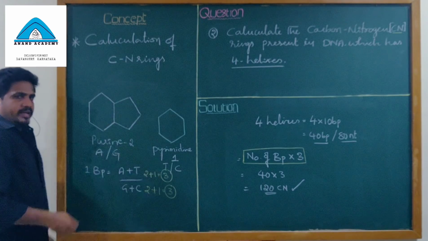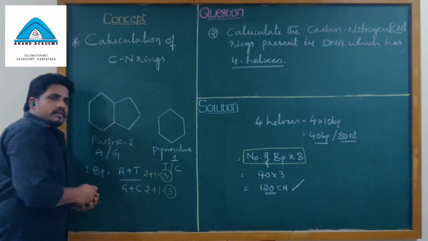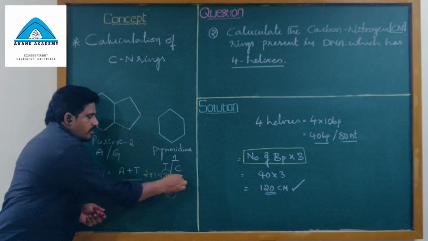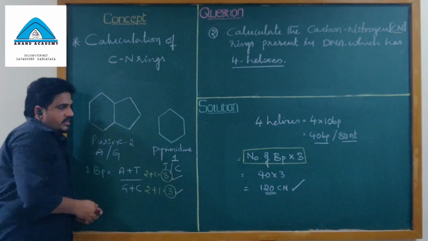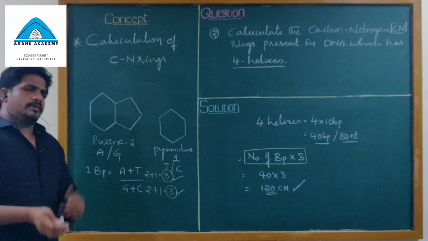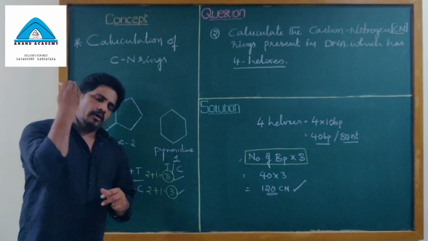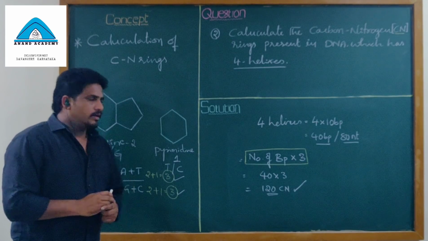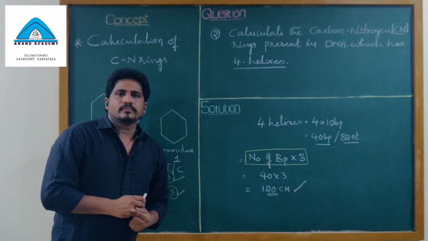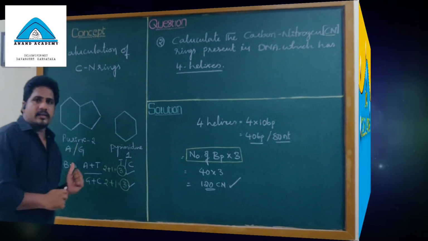So in a given helix, at any nucleotide base pair, the total number of CN rings is always 3. That is the reason we took the formula number of base pairs into 3. Irrespective of whether it is AT or GC, it is not an issue. Number of base pairs into 3, and the CN rings answer will come. I hope you understand. Clear, right?